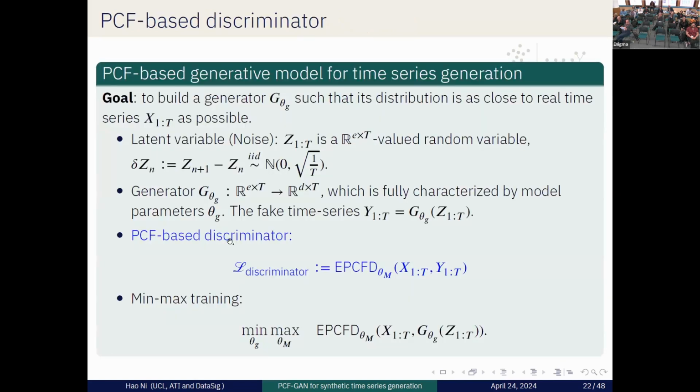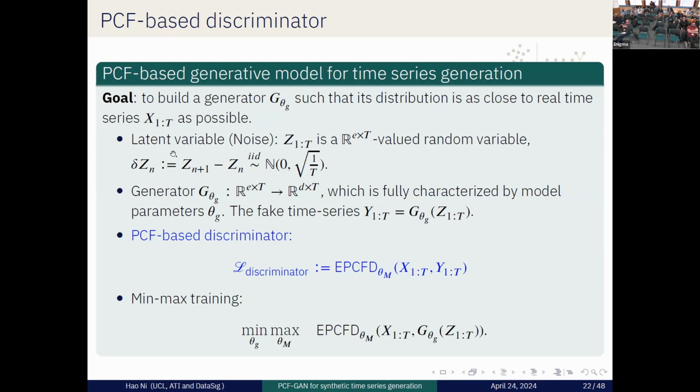So now we are ready to show the vanilla version of the PCF-GAN. The goal is to build a generator such that its distribution could be close to the distribution of the real time series. Let me first explain the generator. The generator could be quite general.